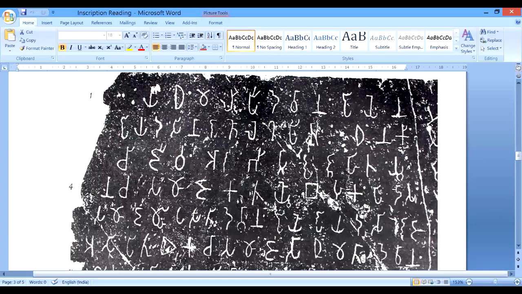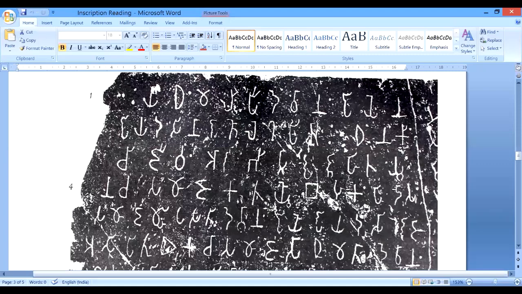Look at here, it is ha with ikara, prajuhi, and then ta, and then ya, and look at here, the round one, that is the wa. Actually the word is prajuhitavya, but you can see in the inscription it is very clearly written prajuhitayava, ya and wa. Okay, prajuhyam.